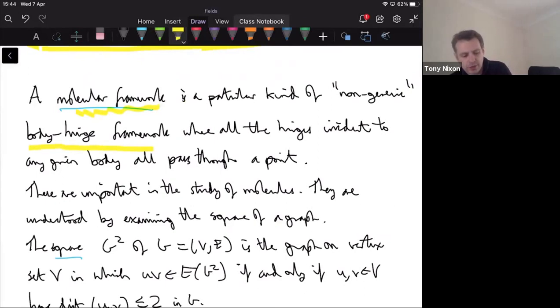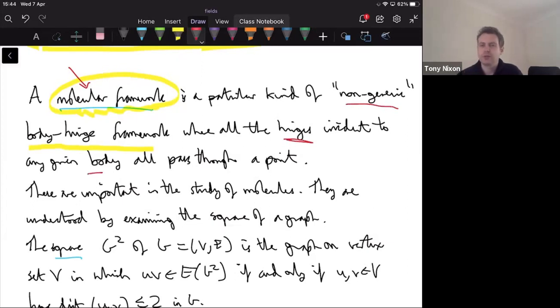But now I want a molecular framework, which is named because these were the things that were interesting in the study of molecules. They were interesting because they were non-generic body-hinge frameworks. The non-genericness was that the hinges at any given body should all be concurrent: all the hinges incident to any given body pass through a special point.